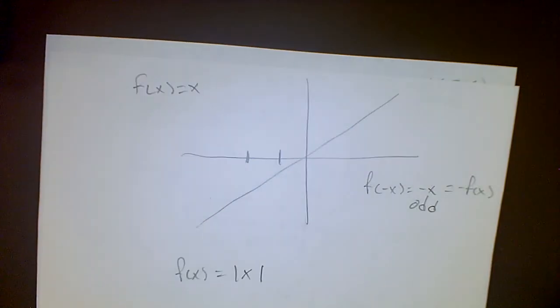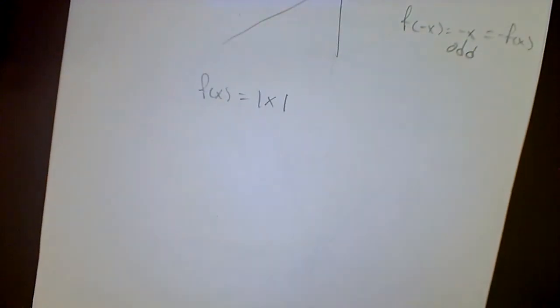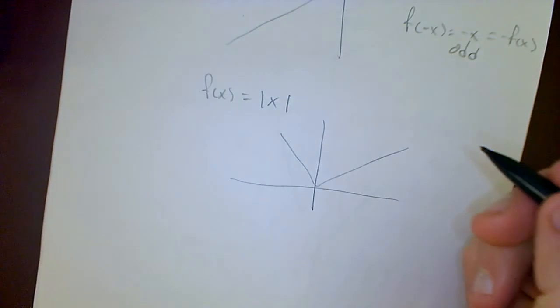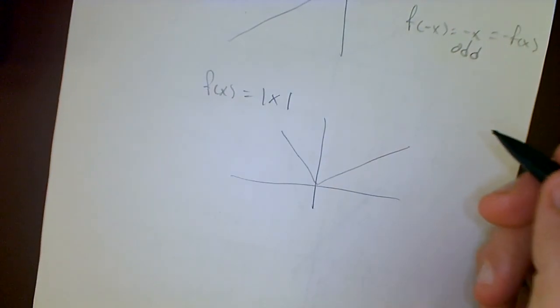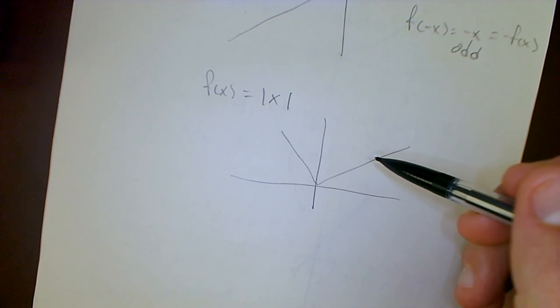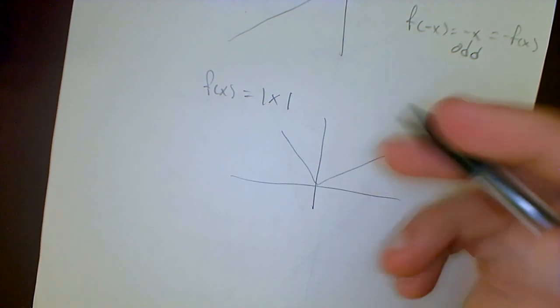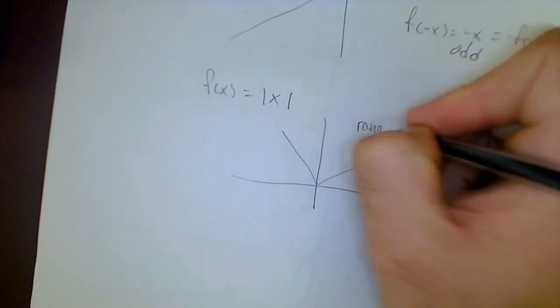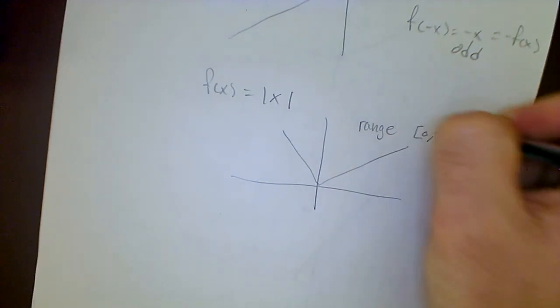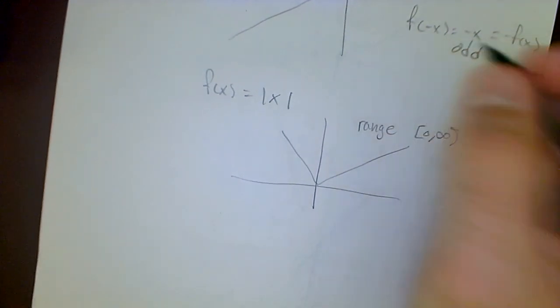So in this case, if I do the absolute value, we graph that as an example. The domain is negative infinity to infinity. You can take the absolute value of a negative number, but the range is only 0 to infinity. Because if you take the absolute value of a number, you're only going to get back a positive number.